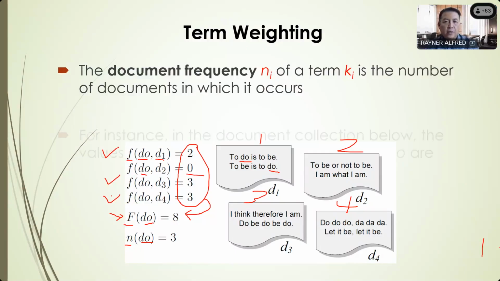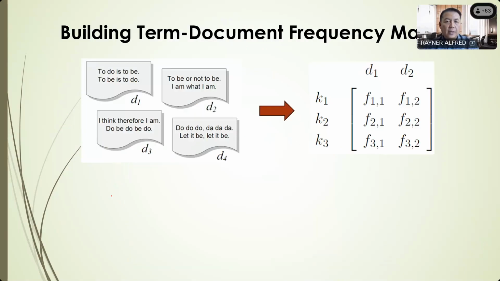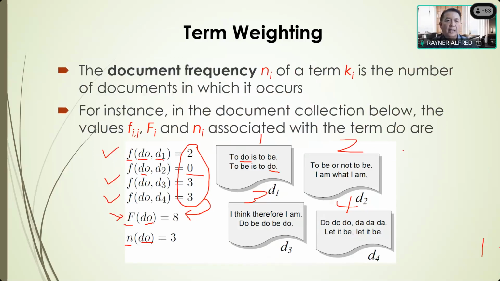Okay. Now let's take a look at this example. What we want to have is this framework. Based on the previous slide, we know how to find the frequency, right?